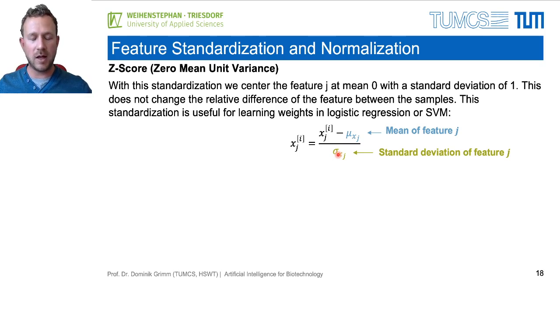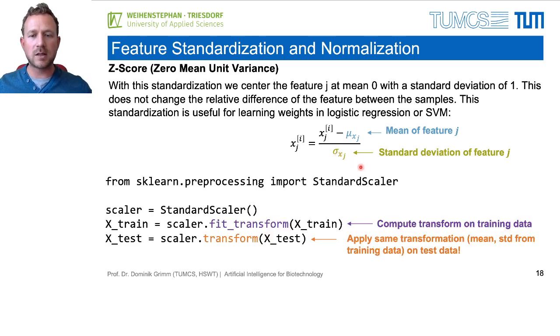And this can be also done in scikit-learn using the StandardScaler package. And here we do the same as before. We compute these parameters here on the training data, we transform the training data, and then we use the same scaler to transform the test data, which is then using the estimates from our training data.